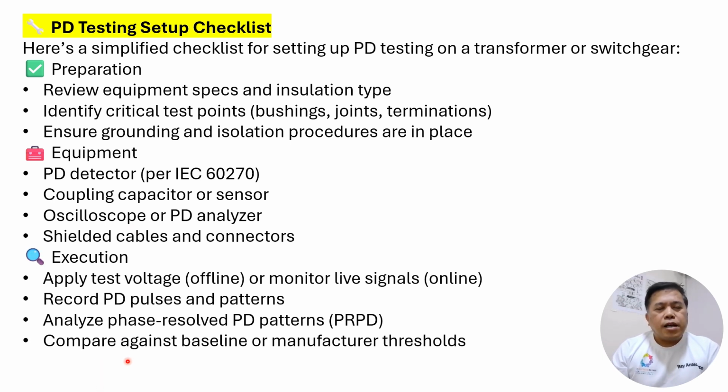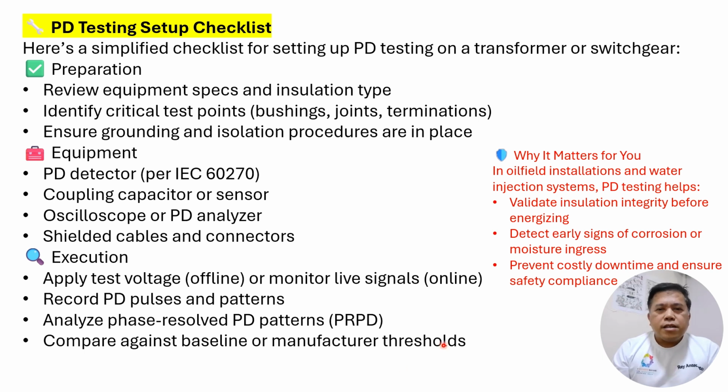So execution, guys: apply test voltage offline or monitor the live signal online. Record partial discharge pulses and patterns. Analyze and phase resolve. Compare against the baseline manufacturer threshold. So why does that matter?